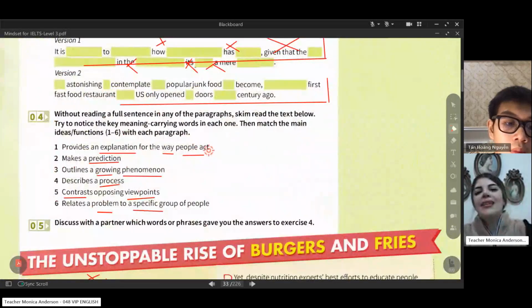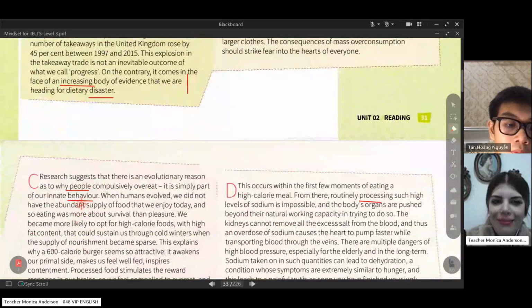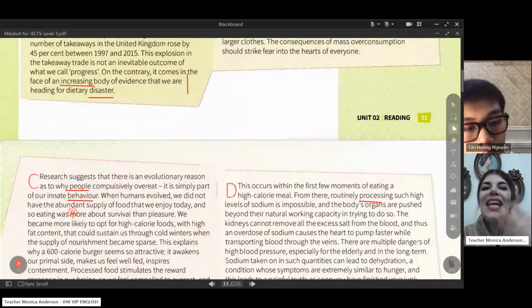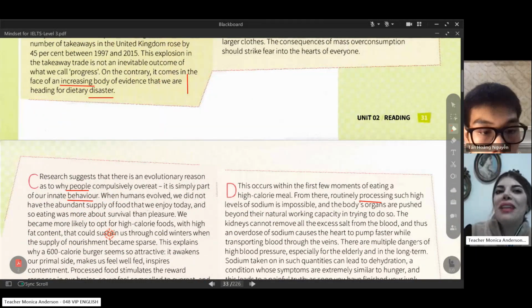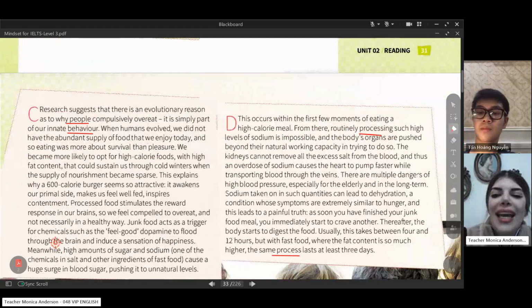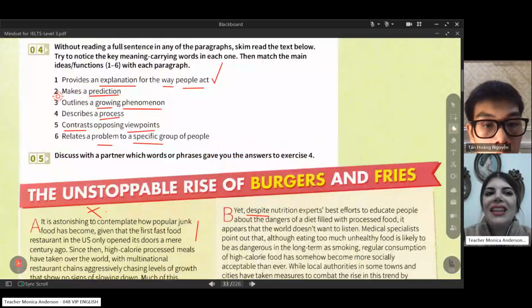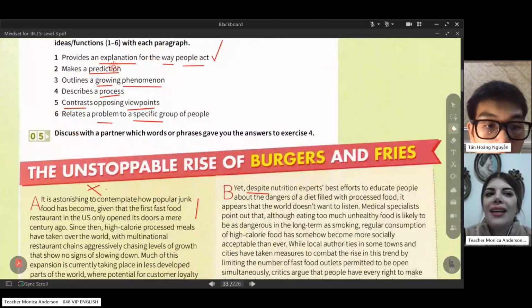So I guess this one can be matched with paragraph C. Why people, innate behavior, how people act. So people, behavior, I could find some synonyms. So this paragraph can be matched with the first one.